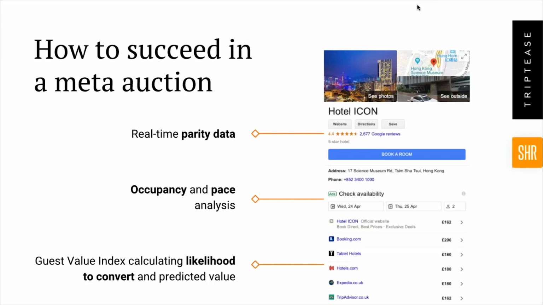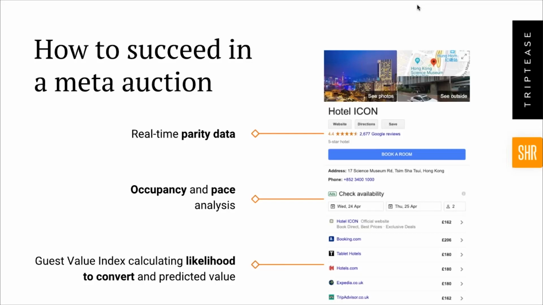So if there's one thing that you do after the call today, go through and make sure that your address and your phone number are up to date, that the website links through to the right place, and that you've selected the right photo if you're able to. These are really basic things that will take you 20 minutes to update, but will really change how your hotel is presented on the most important website in the world.